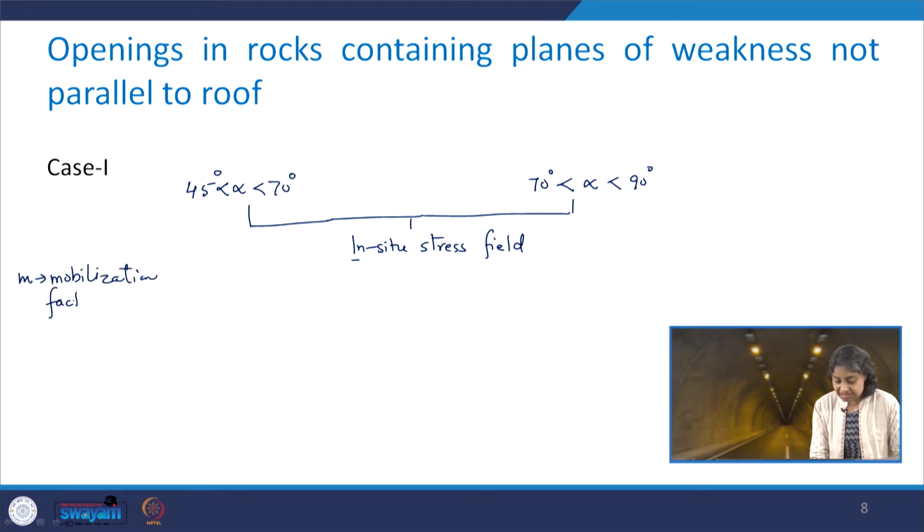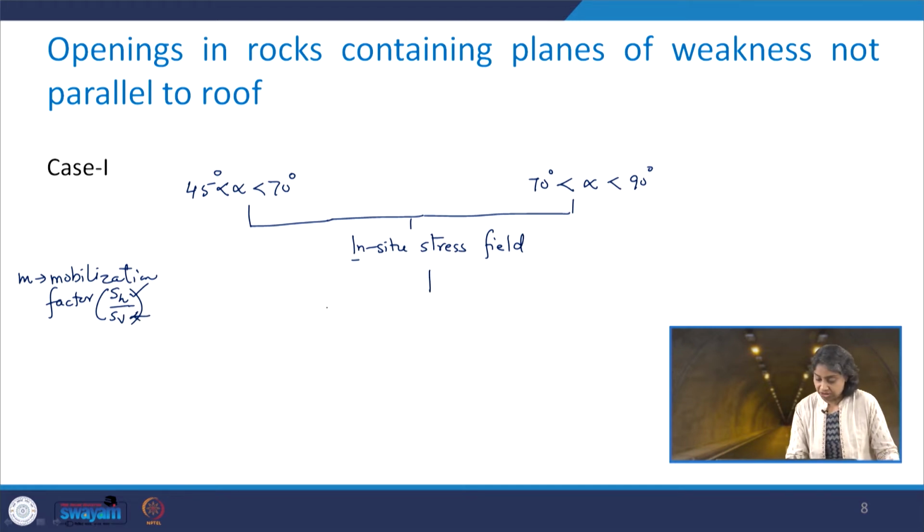This we discussed in some of our earlier classes, and this was defined as SH upon SV. That means the in situ stress in the horizontal direction by the in situ stress in the vertical direction, SH upon SV.